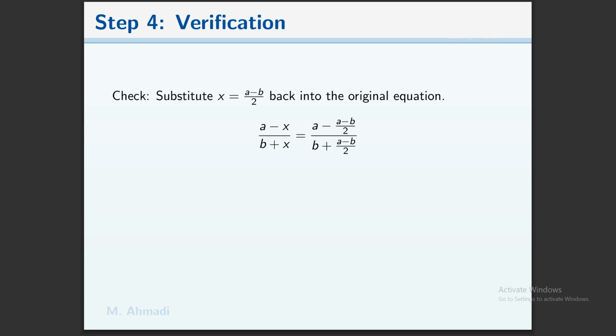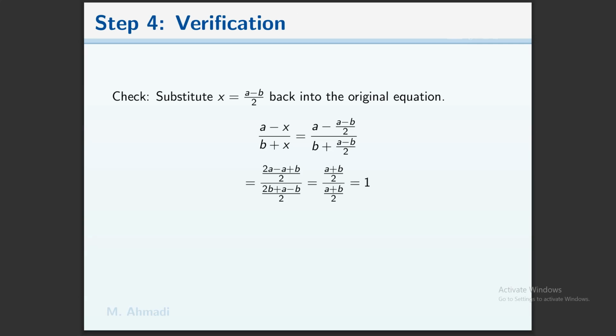In the original equation, we have (a minus x) divided by (b plus x) equal to (a minus b) divided by 2, divided by b plus (a minus b) divided by 2. And this expression is equal to 1.